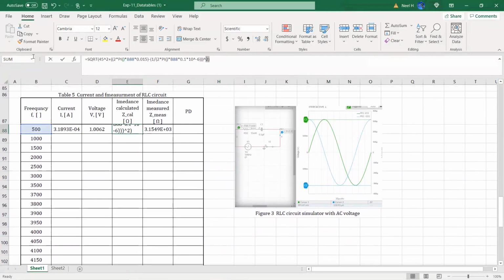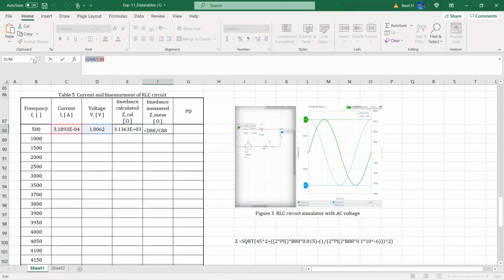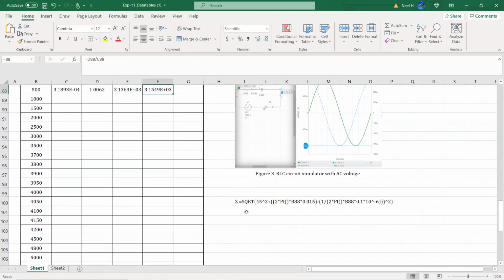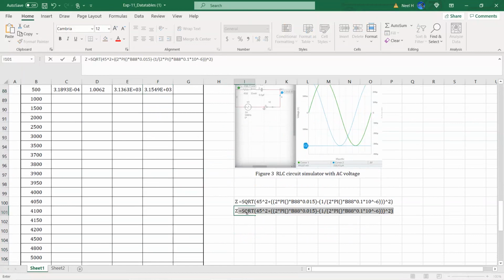So let's record these. That's the function we created for the impedance for the RLC circuit. And this is the function we use for direct measurement, assuming the equivalent resistance, that we can say Z measured. The previous one is actually Z calculated.